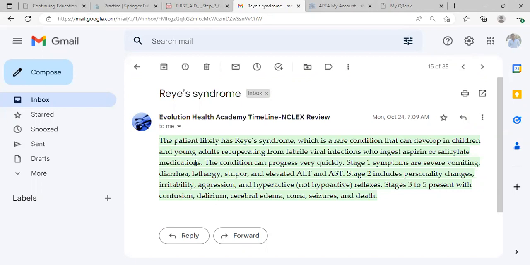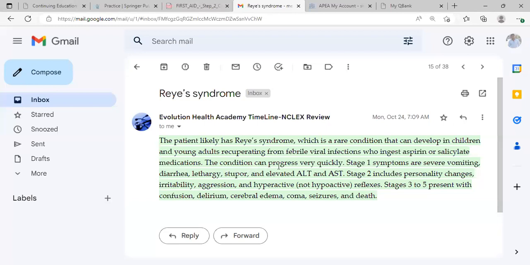Imagine a child who has a fever, and the mother does not know and gives an NSAID or aspirin or salicylic acid, and the patient develops the complication we call Reye syndrome, right?